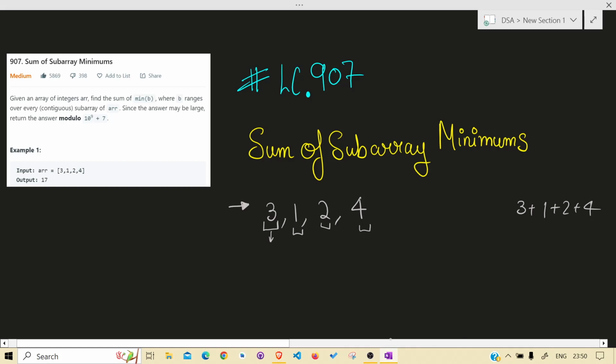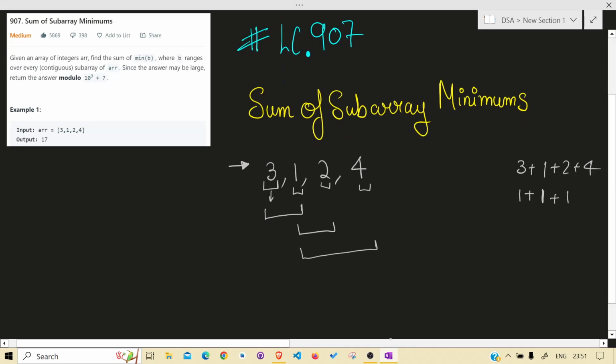Now, let's take these two. What is the minimum? 1. Now let's take 1 and 2. What is the minimum? 1. Now let's take this. Still the minimum is 1. Now let's take 2, 4.